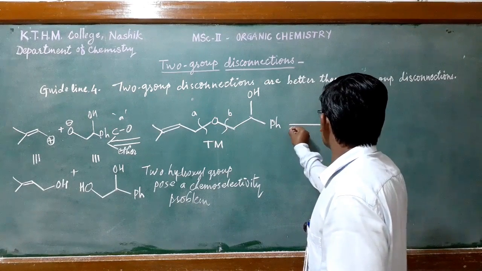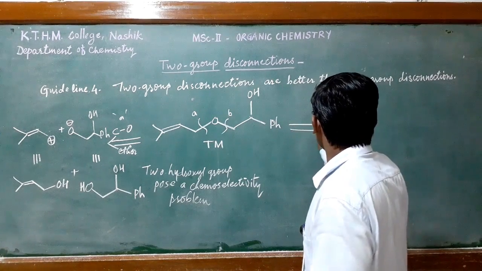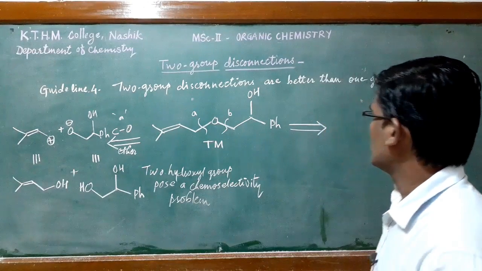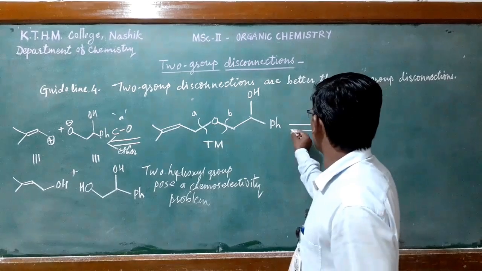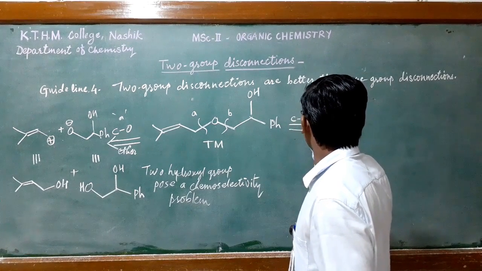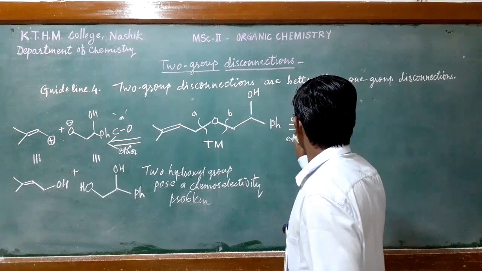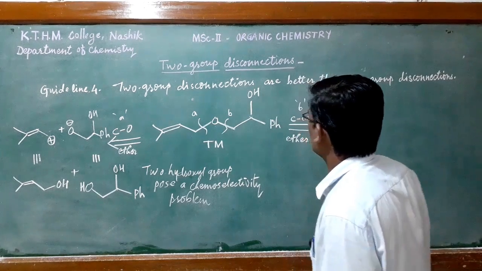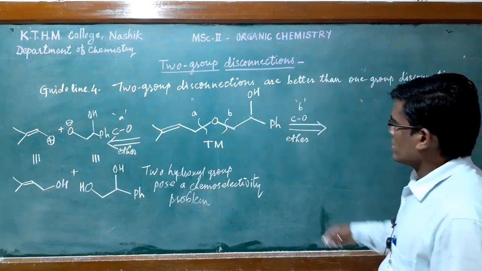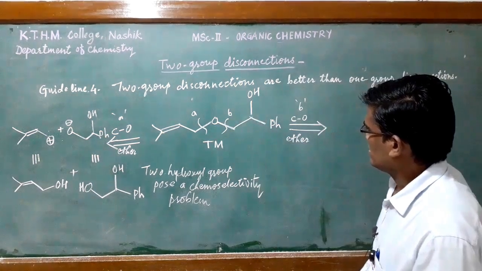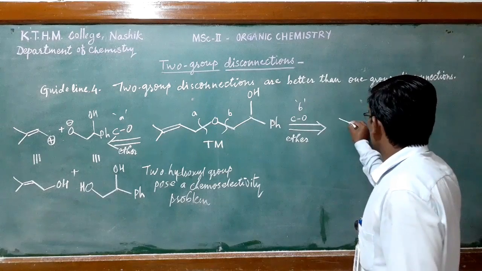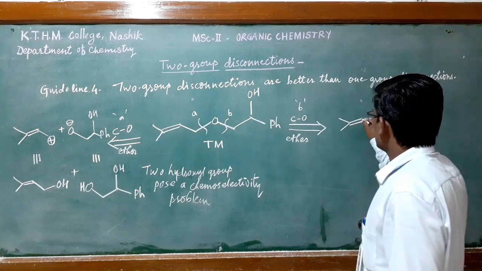So let us see this B cleavage. Again, this is the C-O ether linkage, so this is our B cleavage. When you cleave this bond and draw this line, you get this fragment.